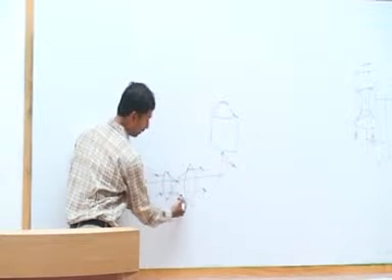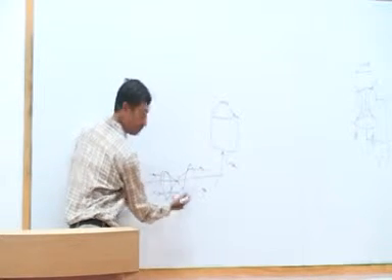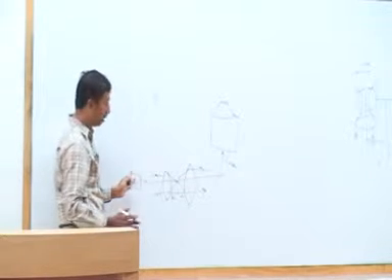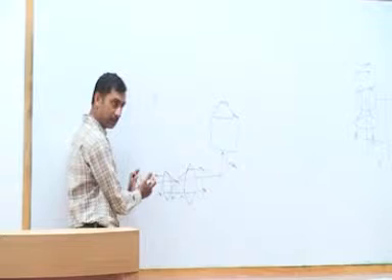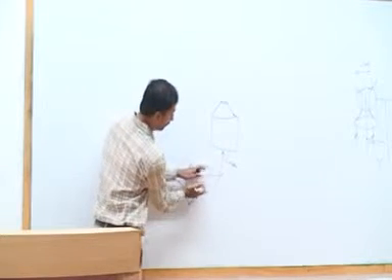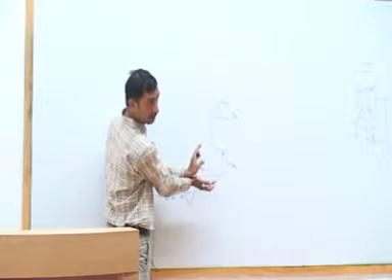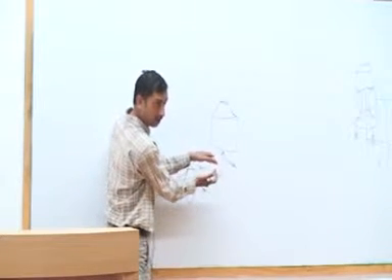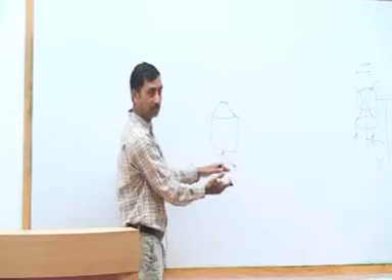If this is f and this is also f, that's what you will expect. Is that clear to everybody? However, if I take them closer, then this beam will slightly diverge out. If I take them farther, then this beam will slightly converge. That is useful.